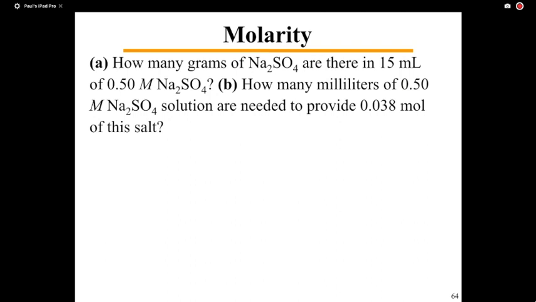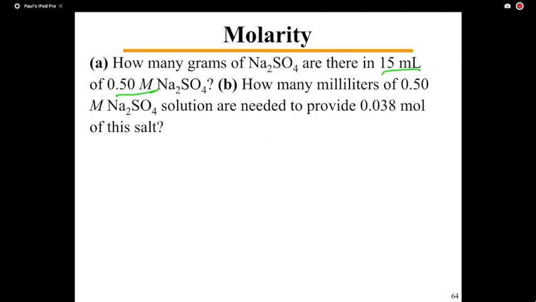Most of the time, we're using molarity as a conversion factor. Okay. And so it says how many grams of sodium sulfate are in 15 milliliters of a 0.05 molar sodium sulfate solution. In the A portion, we have two numbers, mLs and molarity. So it looks like we might have two starting points.